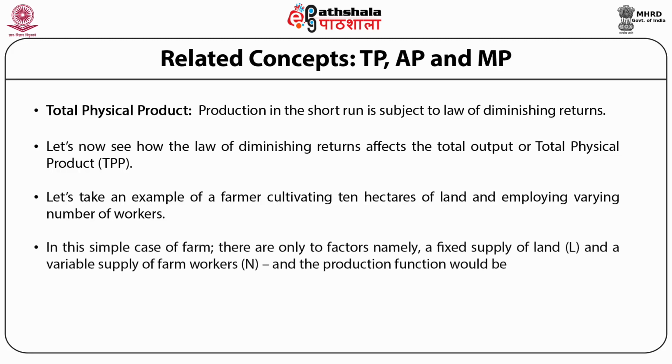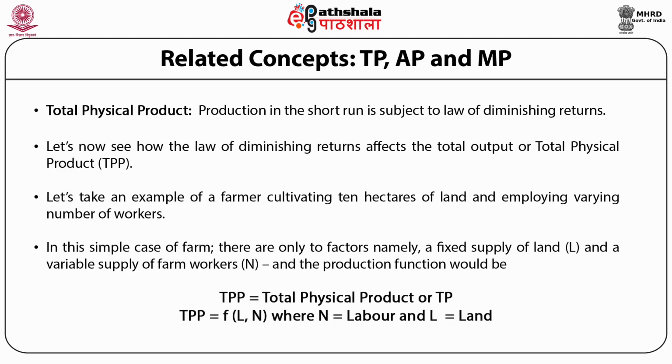In this simple case of a farm, there are only two factors, namely a fixed supply of land, that is L, and the variable supply of labor, that is N, and the production function would be TPP = f(L, N), where N is equal to labor and L is equal to land.